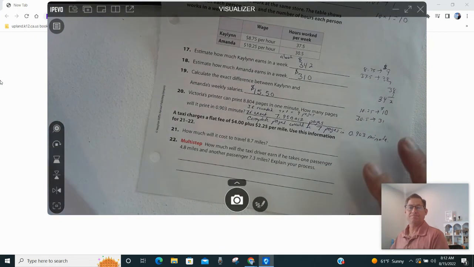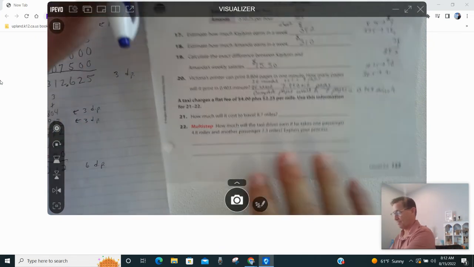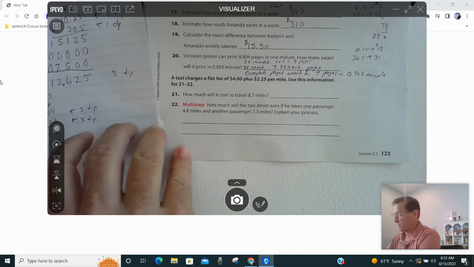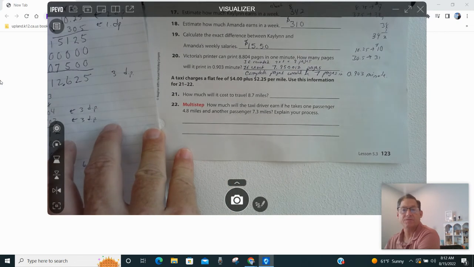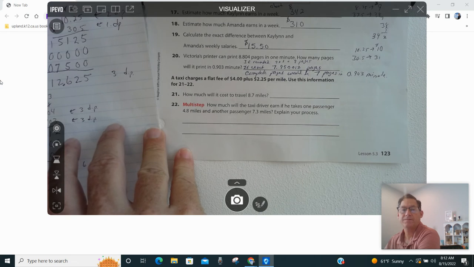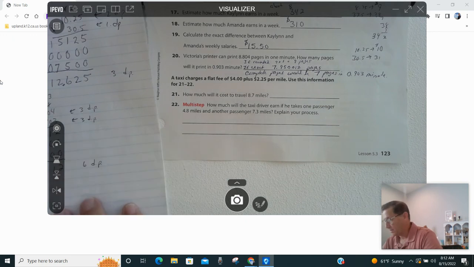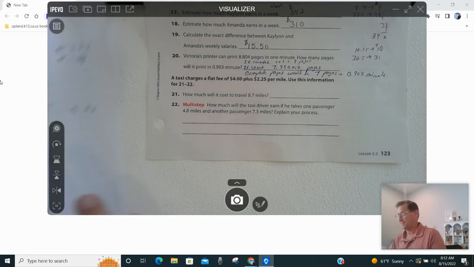All right, 21. How much will it cost to travel 8 7/10 miles? Taxi charges a flat fee of $4 plus $2.25 per mile. All right, so $2.25 times 8 7/10.